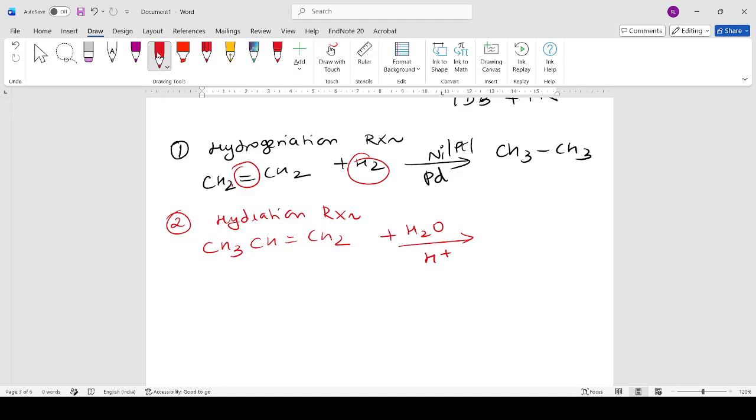Now which rule we will follow? We'll follow the Markovnikov rule, isn't it? We'll follow the Markovnikov rule here, where the OH, the negative addendum, will get added to the more substituted carbon of the olefin. So what will be my product? CH3, CH, OH and the CH3.